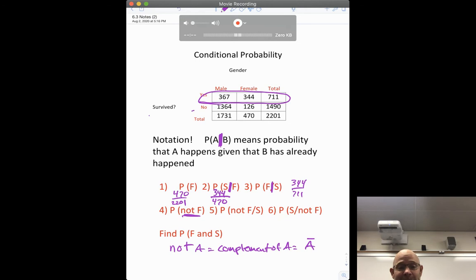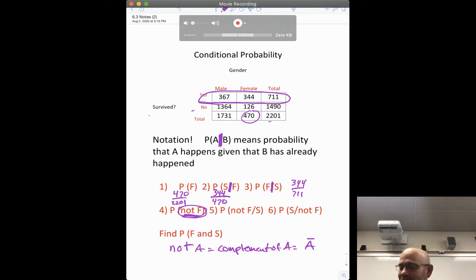Because either A happened or it didn't happen. And clearly, in this problem, not female is male. I mean, you know that, right? So you could just go to the females, which are 470 out of 2201, and subtract that from 1. Or you could just look at the males, just giving you a little different approach.